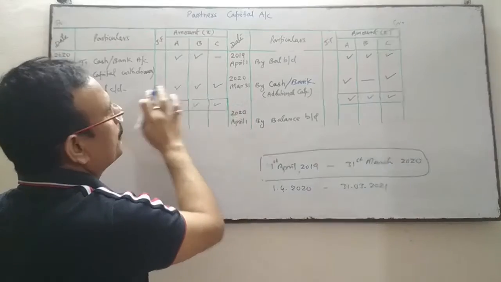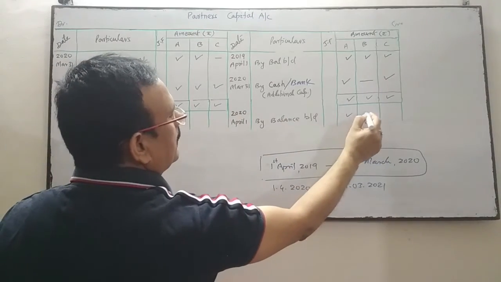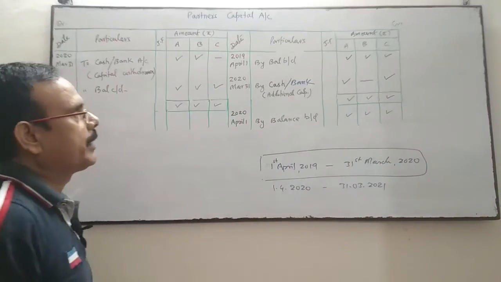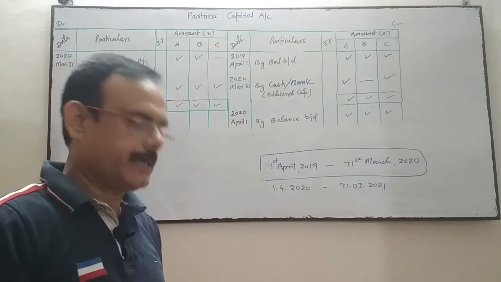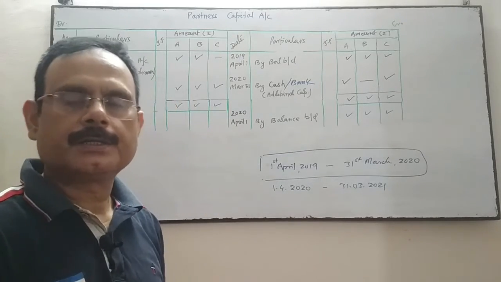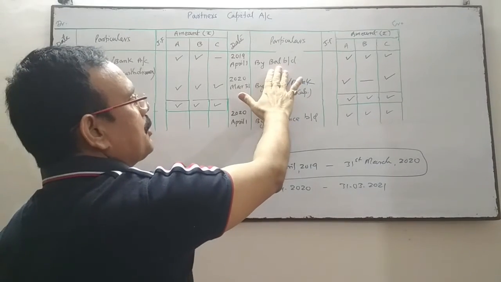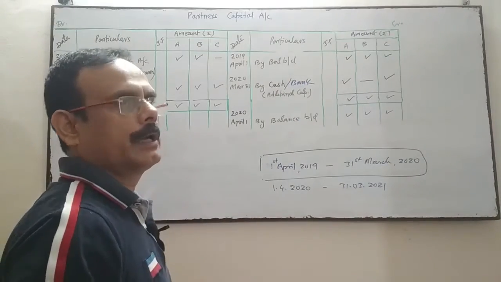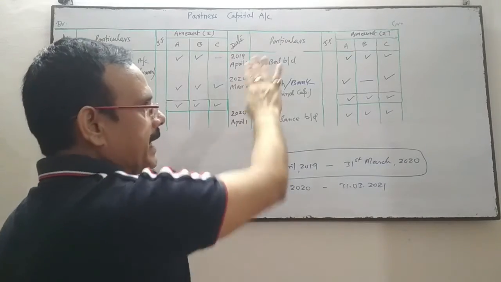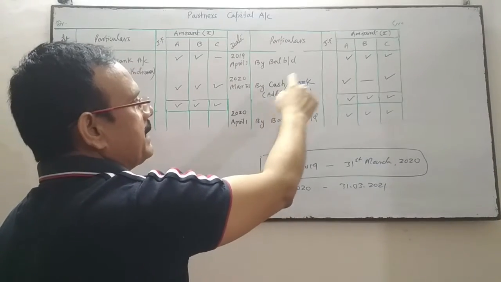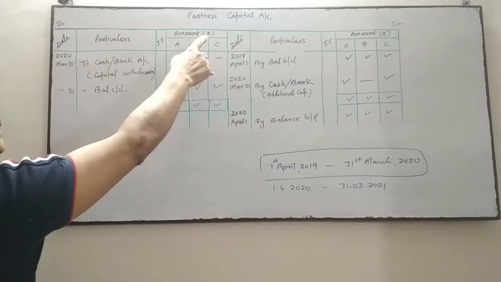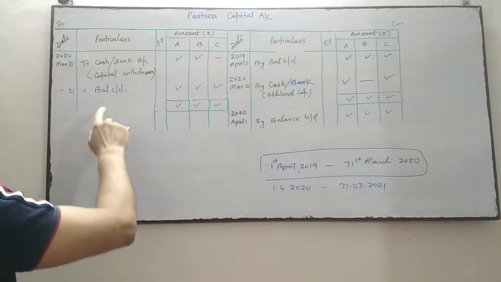So in the partners capital account, when the capital is fixed, we only transfer the opening balance of capital, or if the business started this year, then by cash or by bank, for additional capital, for capital reduction, and for the balancing figure.